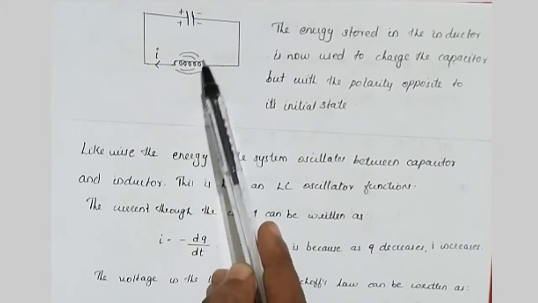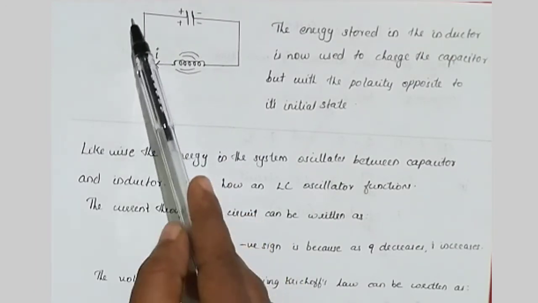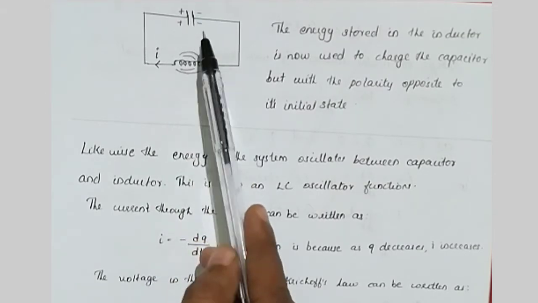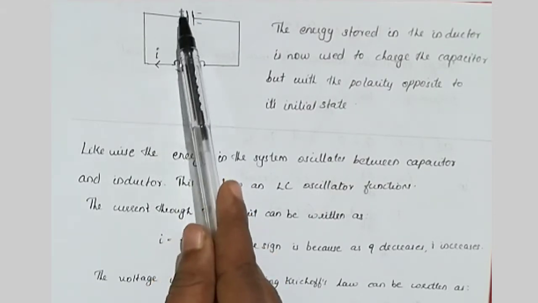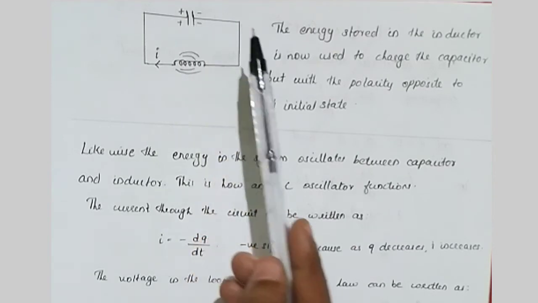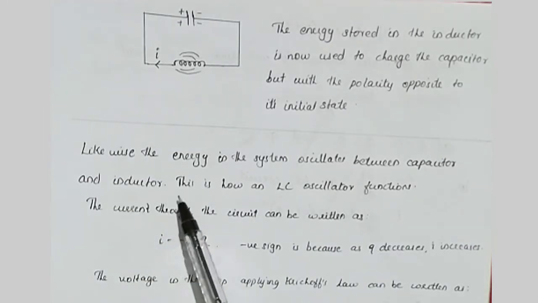And later this energy is again used to charge the capacitor, but with the polarity opposite to that of the initial state. Likewise, the energy in the system oscillates between the capacitor and the inductor, and this is how an LC oscillator functions.